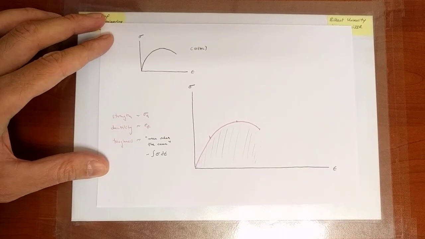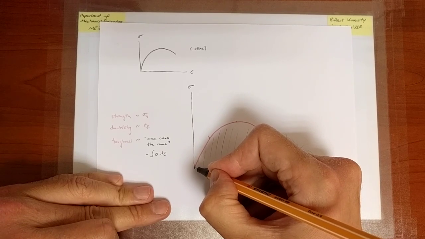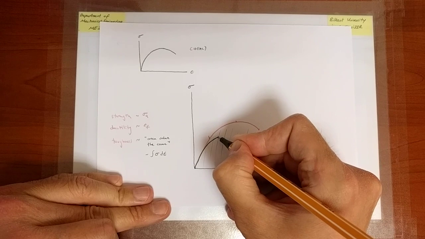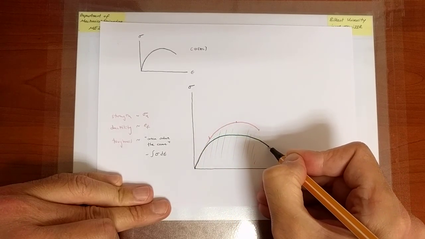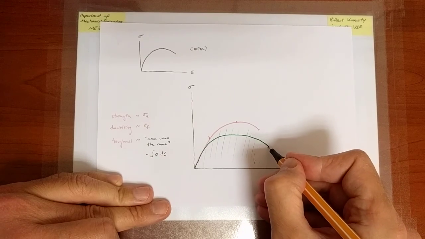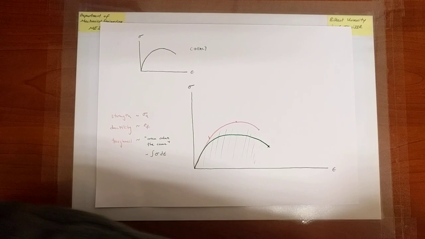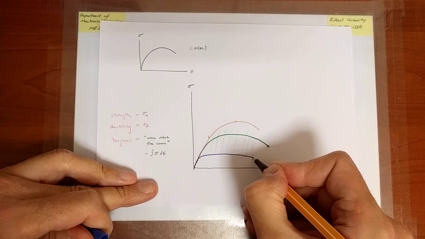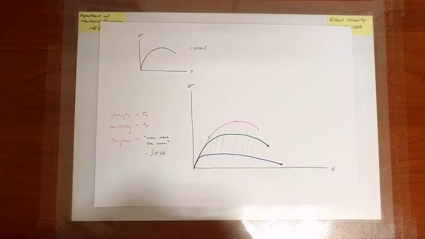Okay, so what I could do here is I could draw three different alloys of steel. The red one is one. The green one is another one. The blue is another one.